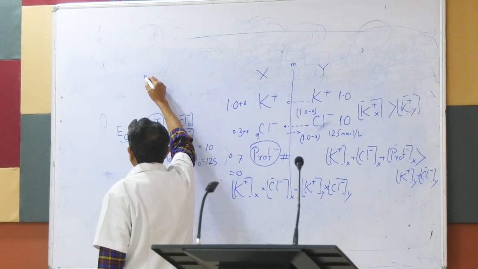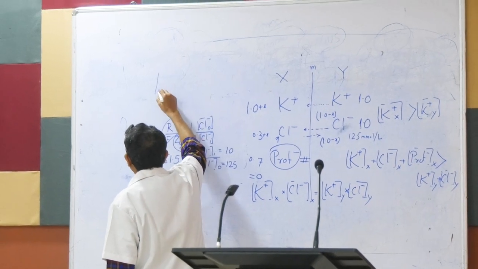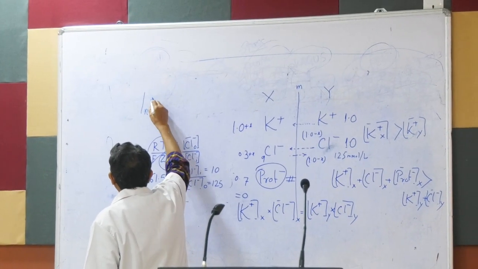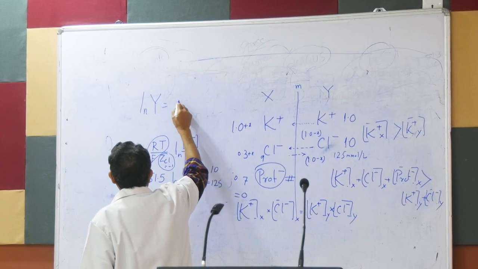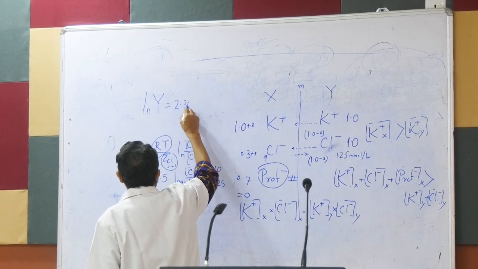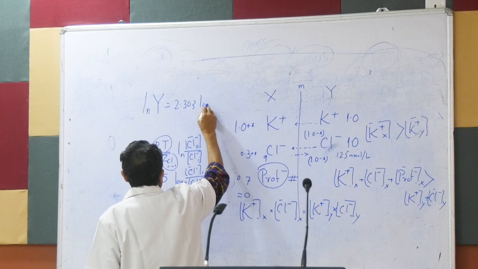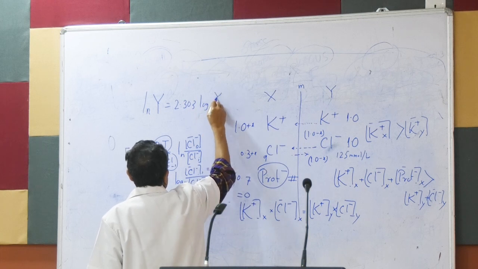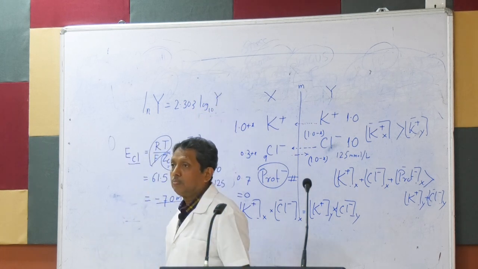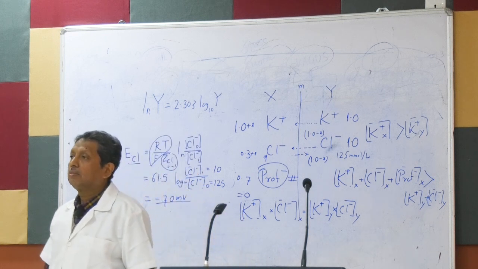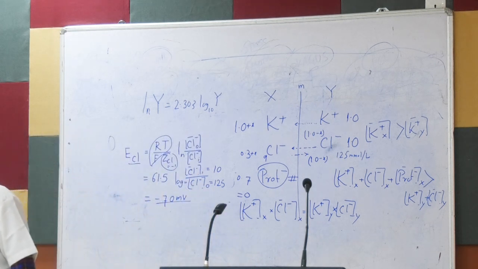Or you can remember from your higher secondary text, ln y is equal to 2.303 log to the base 10. You can remember this type of thing from your higher secondary mathematics also. So everything will appear clear.